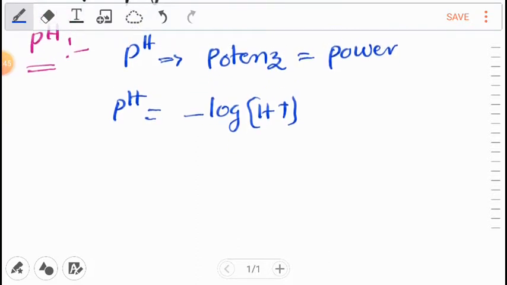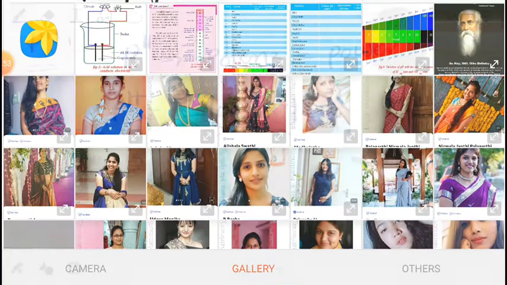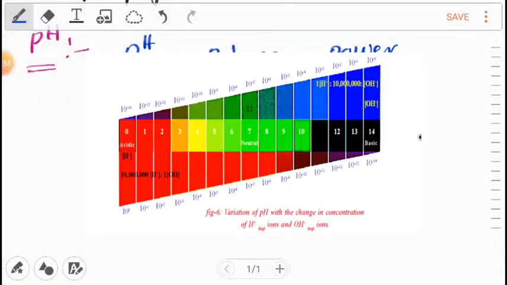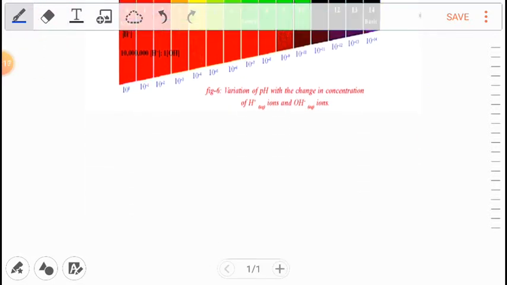Before doing the experiment, I will take the other images also so you can understand clearly. So this is the pH indication, and it gives different colors in different ranges. Any solutions you can test with pH paper, and we can say the pH or strength of the acid based on the color change. Understand?